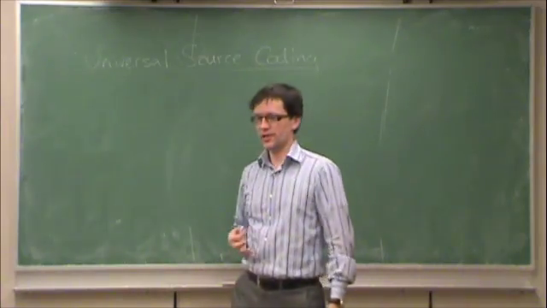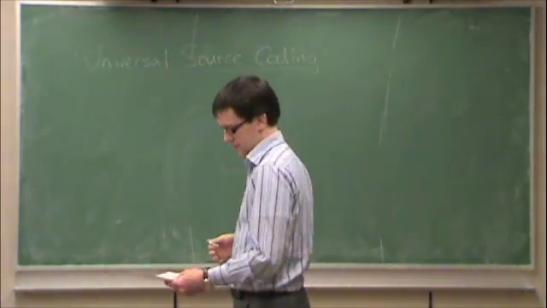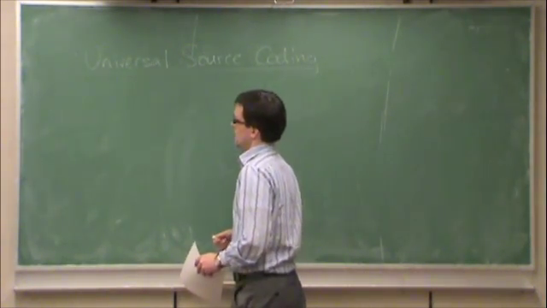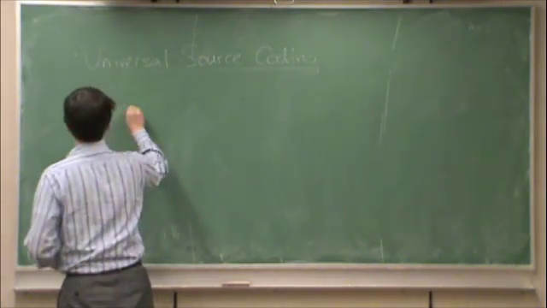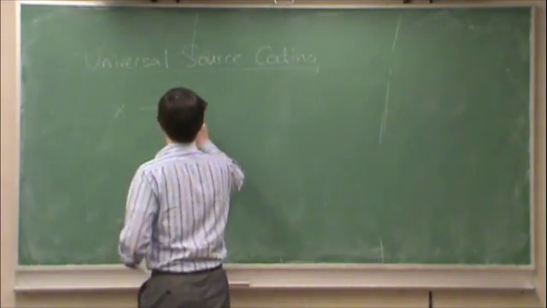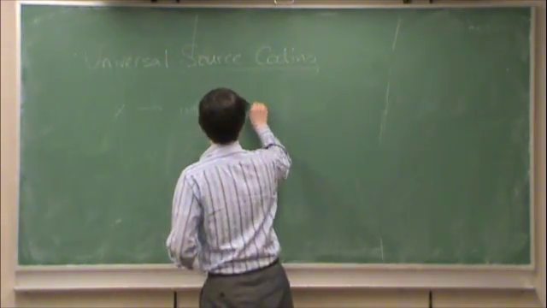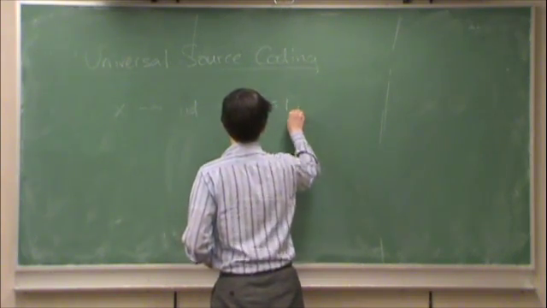So, we looked at a couple of methods. The main idea was that if we have a source x, we know that x is IID, independent and identically distributed, but what we don't know is the probability of 1 and 0.